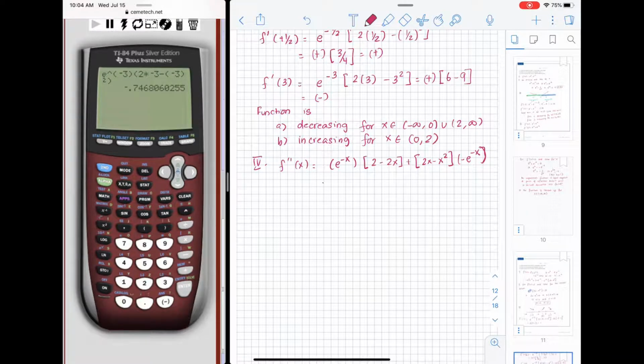Let's see if we can simplify some terms. 2 e raised negative x minus 2x e raised negative x minus 2x e raised negative x plus x squared e raised negative x, which would give us e raised negative x in common, 2 minus 4x plus x squared.